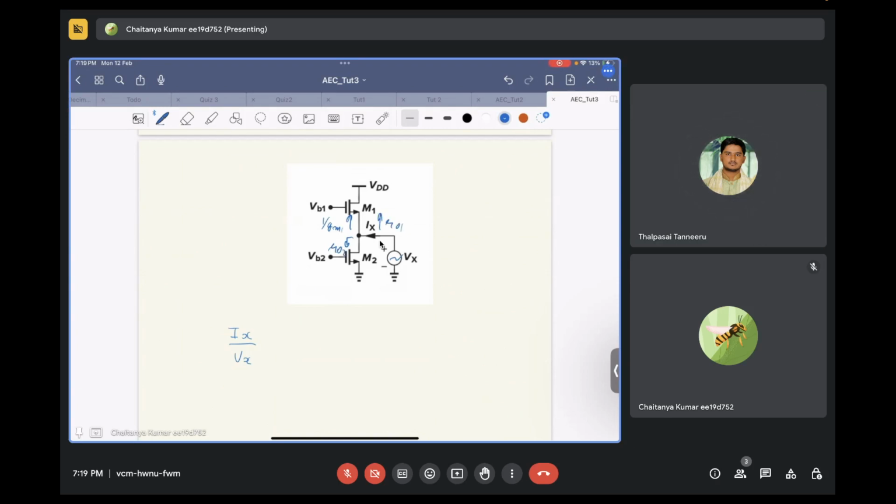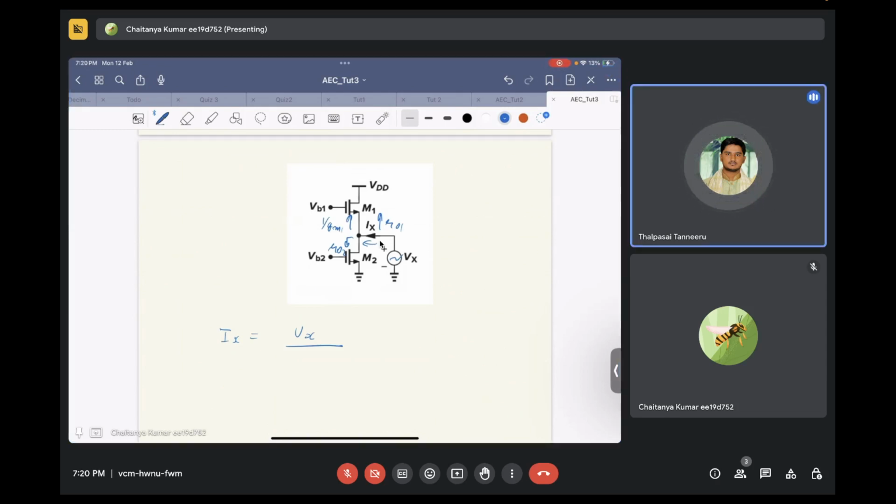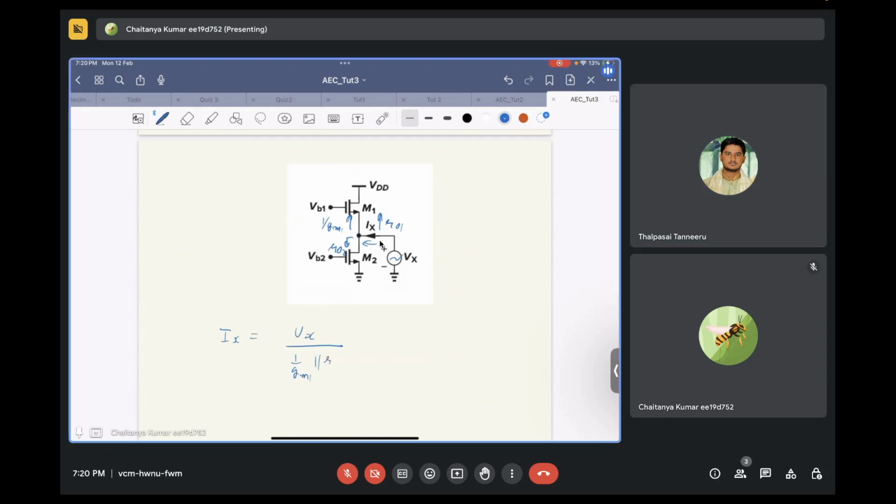Okay, so can you quickly tell what is the overall Ix, which is equal to Vx by the resistance that is looking in over here. What is it now? It is 1 by GM1 parallel R01 parallel R02.